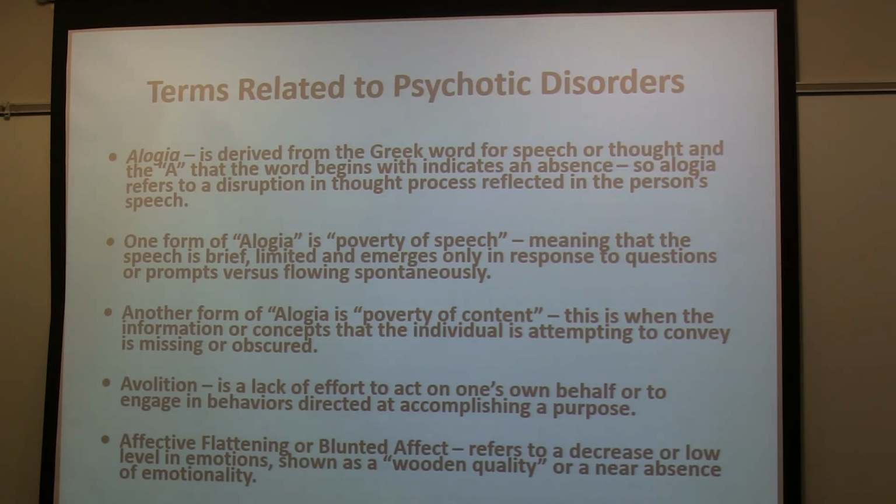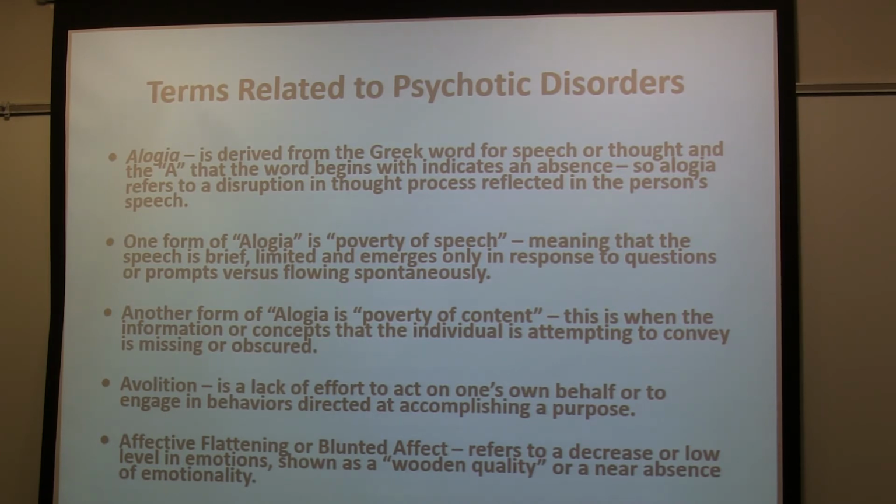There are many times in a person's developmental life, if you say to an adolescent, "How are you?" "Fine." "Where are you going?" "Out." That does not mean that they have psychotic symptoms. They may have a little poverty of speech, but it's not an actual mental health disorder. We're talking here about symptoms leading to mental health disorders. Another form of alogia is poverty of content, and that's when the information or concepts that the individual is attempting to tell you is missing or very obscured.